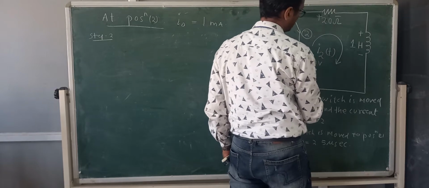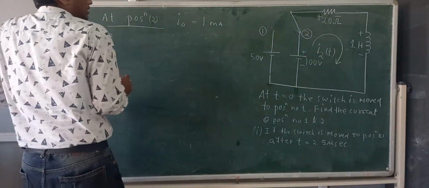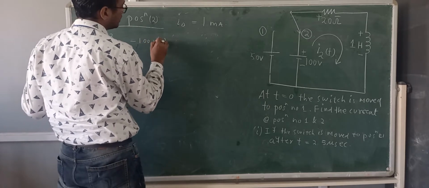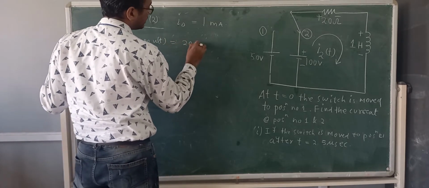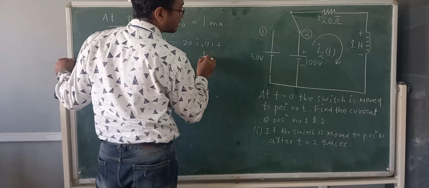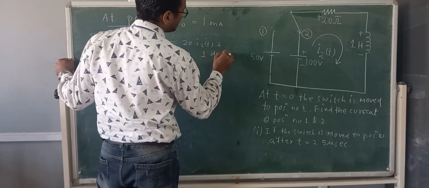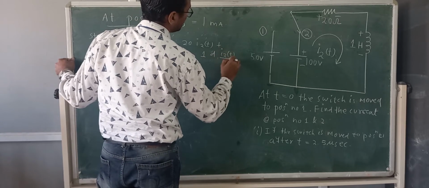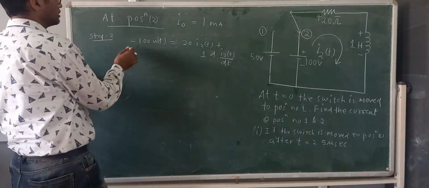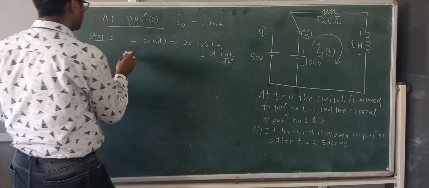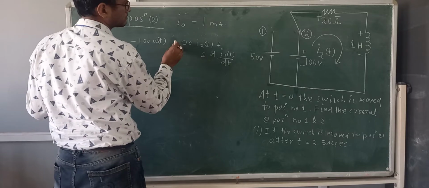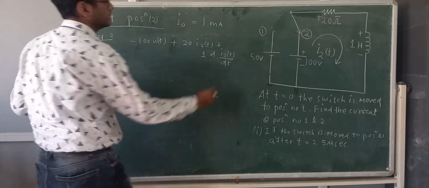This is also positive, this is negative. So what will be the equation? Minus 100 u(t) equals 20 I2(t) plus 1 L di by dt, 1 into dI2(t) by dt. Now put this to this side. You will get, I'm sorry, this is plus, equal to 0.